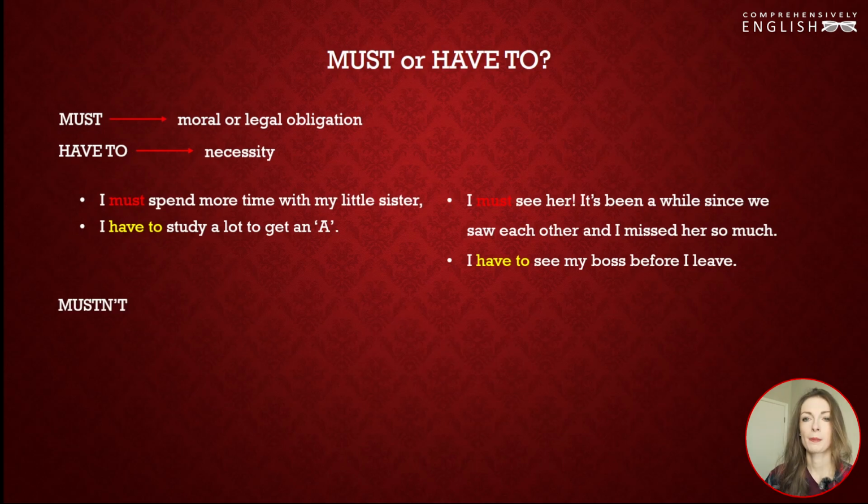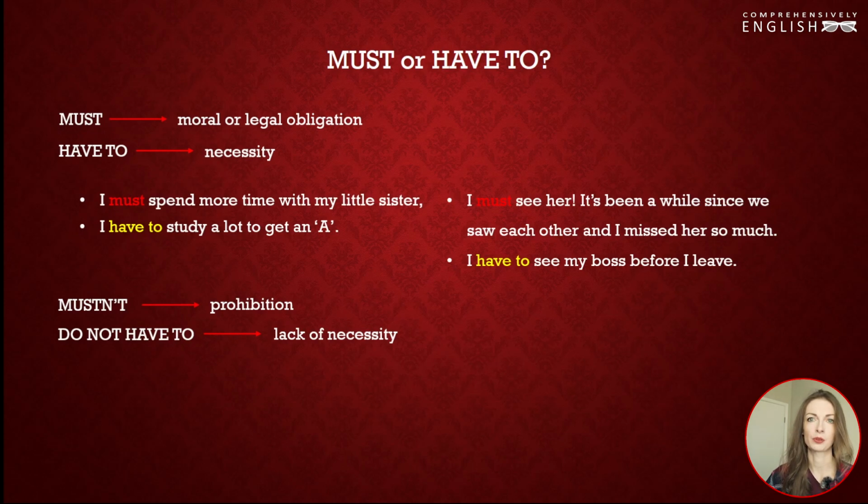Okay. Mustn't expresses prohibition. It's very different from must and from have to. Do not have to expresses lack of necessity. We cannot draw the same parallel between mustn't and do not have to as we have just done with must and have to.